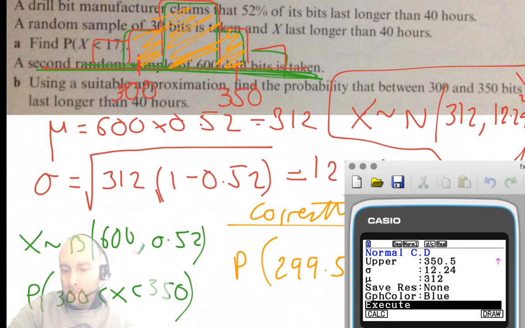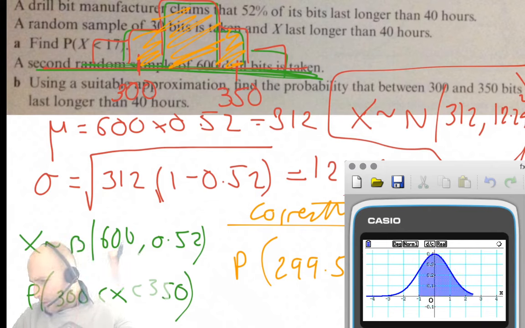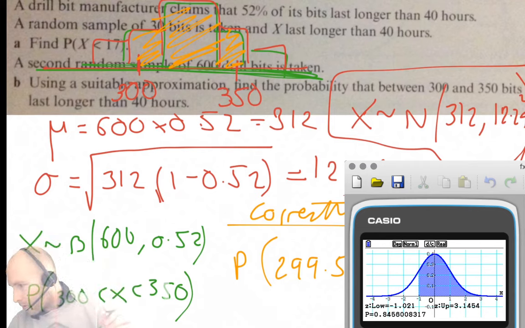We can draw it again, and there is our answer. So 0.846, or 0.8456.